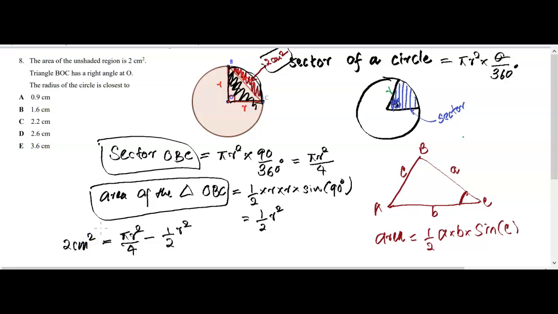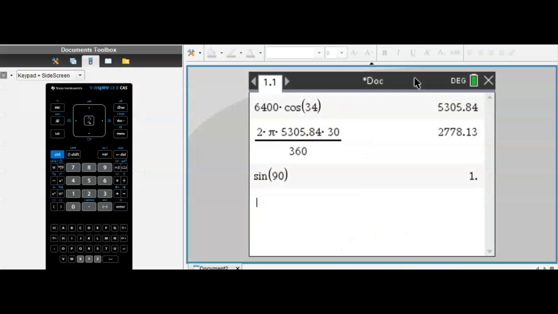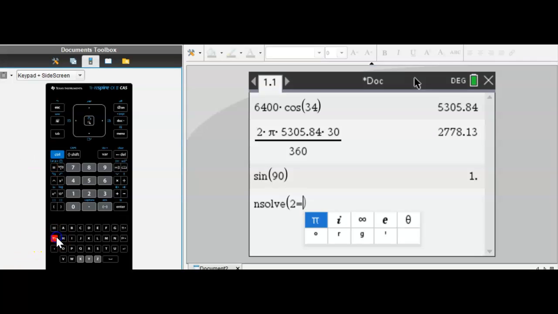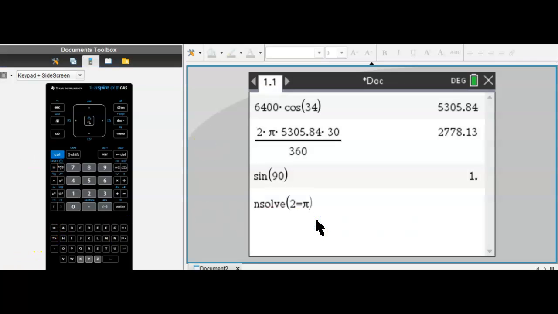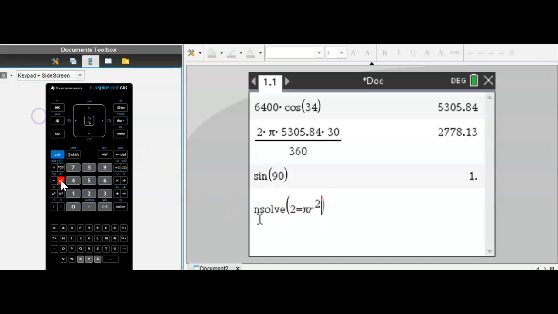So we can use the CAS calculator to solve this. Get the CAS calculator, and then write solve: 2 is equal to pi, we know that value, pi r, we don't know r, r squared over 4, that is the area of the sector, and you subtract the area of the triangle, that is r squared over 2, and you need to solve for r.